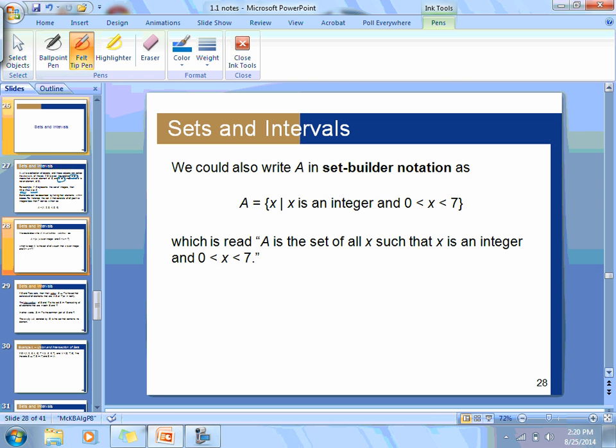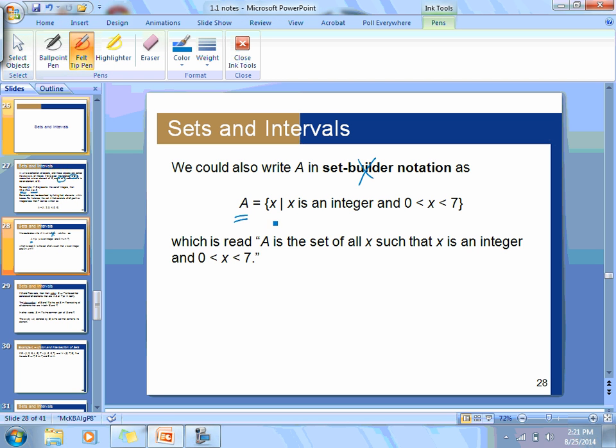We've also seen set builder notation, and you might have seen this a little bit last year in Algebra 2, depending on who you had. Sometimes the builder is left off, and it's just called set notation. You say what the set is, so here we have set A equals, and then you have your curly bracket, and then you say what the element is.